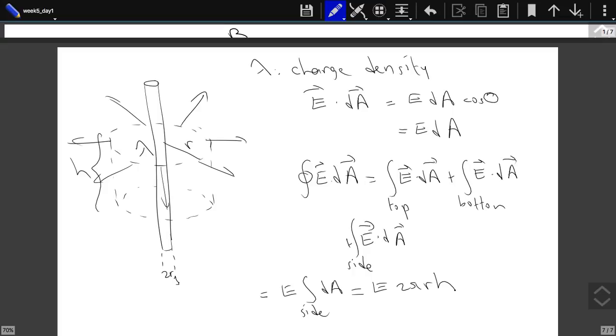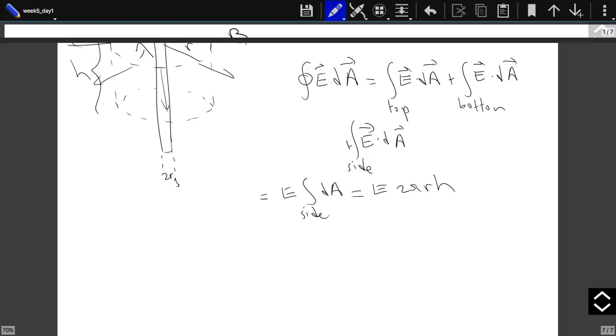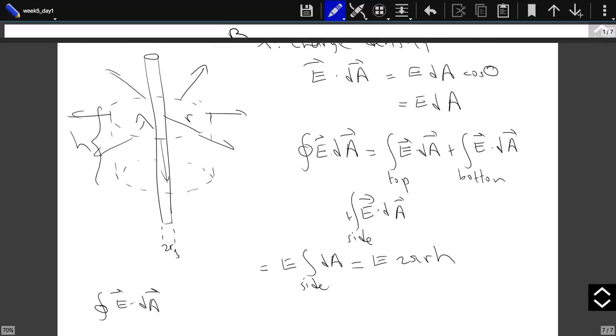By the way, for me, this is a problem which doesn't involve any knowledge of integrals, except what they mean. We didn't evaluate any integrals here. And we know that by Gauss law, this E dot dA should be equal to the total charge inside my closed surface.